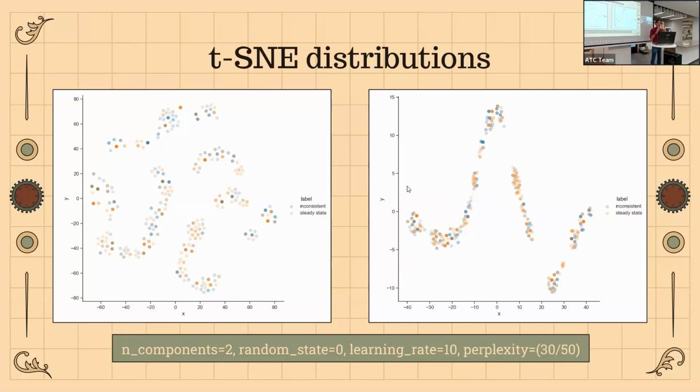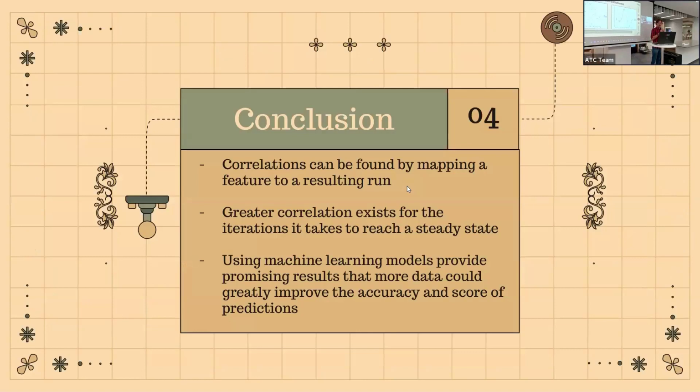And this gives us a pretty confident conclusion that our data set isn't a linear data set. It isn't a one-to-one. It's more of a three-dimensional data set where you map multiple features and try and find a correlation between multiple features and a single result. This, unfortunately, we didn't have time for.